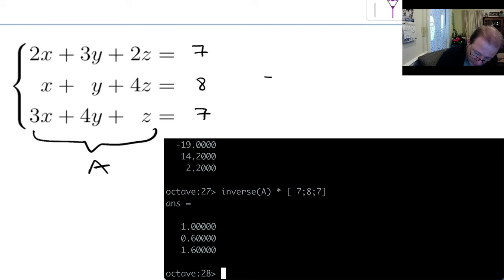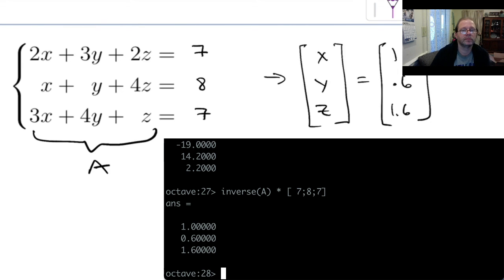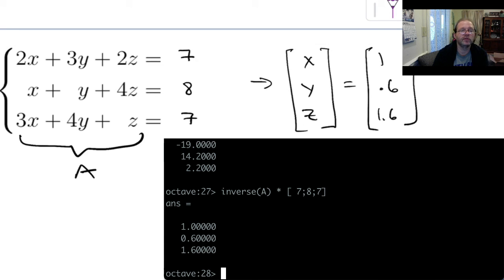And that gives me x, y, z is 1.6 and 1.6. So matrix inverses are useful for things like this, where you have to solve a system several times. And I think we'll stop here.